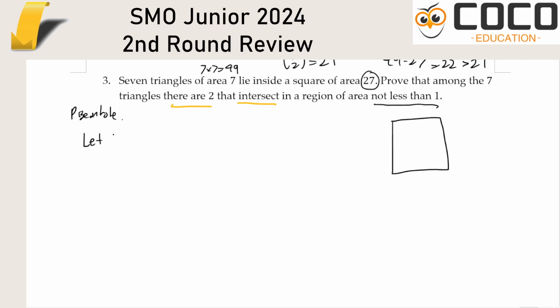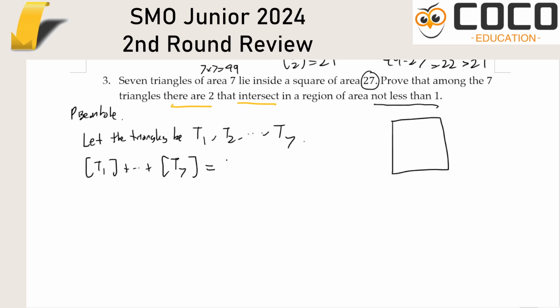Now I'll write it like this. So let the triangles be T1, T2 to T7. Of course, the sum of areas is 49.